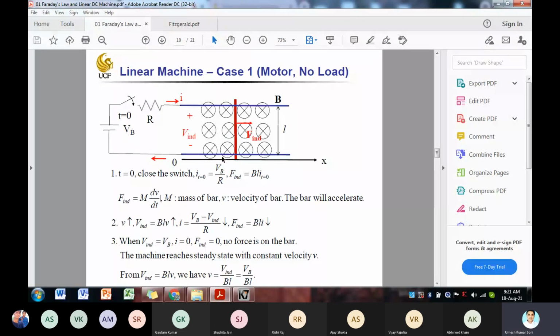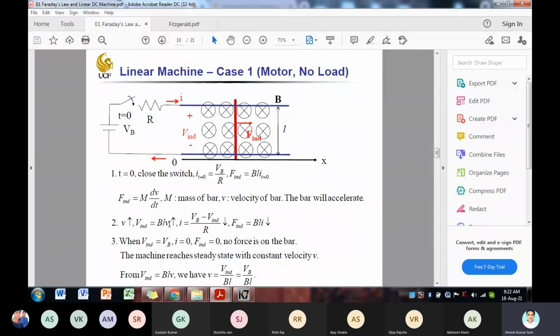Suppose the conductor has started to accelerate, then there will be an induced voltage due to the movement, due to its varying velocity. As velocity increases, the induced voltage will start increasing.